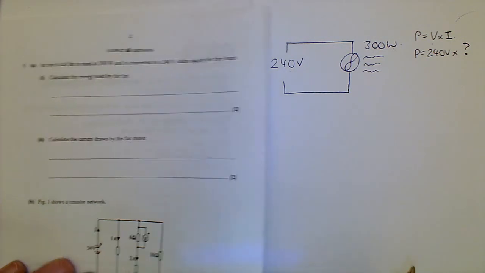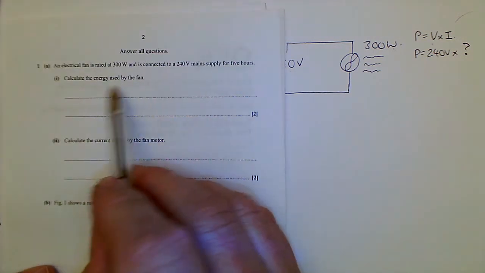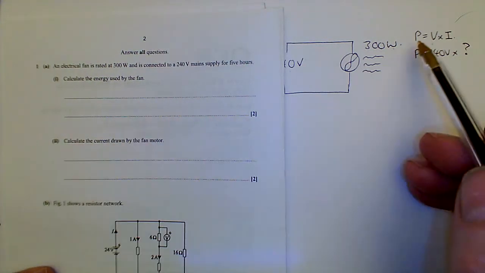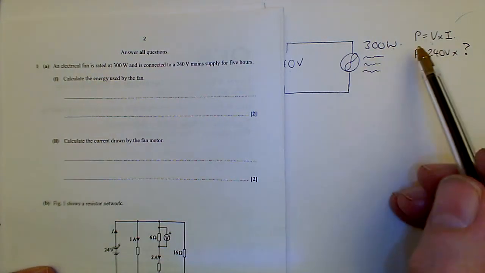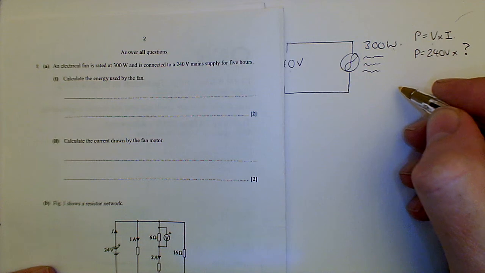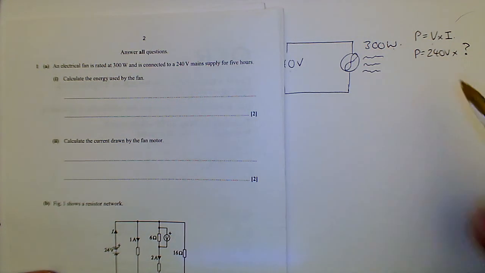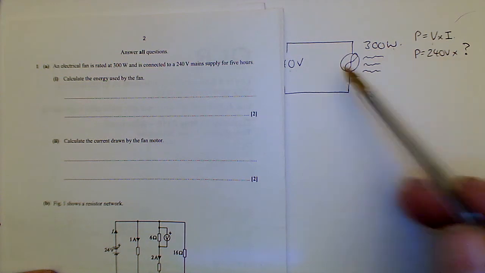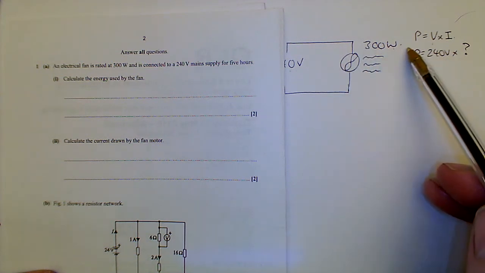It's saying calculate the energy used. Now, energy is slightly different from power. Energy in this circumstance is basically the amount of power in watts per second. So here we have 300 watts per second, effectively.